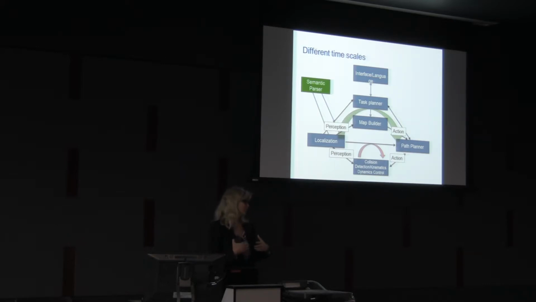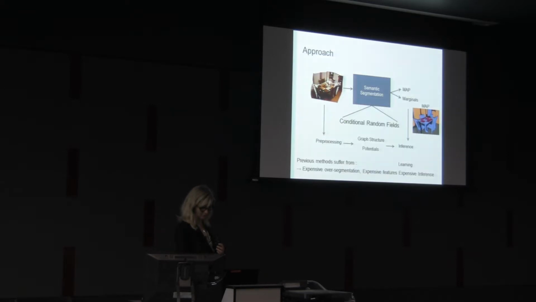But when I'm searching for some object, I can deploy more sophisticated strategies, which take longer computation and time and require more sophisticated features. So the semantic hierarchy is also related to the different time scales of the different control sensor loops which operate in the system.